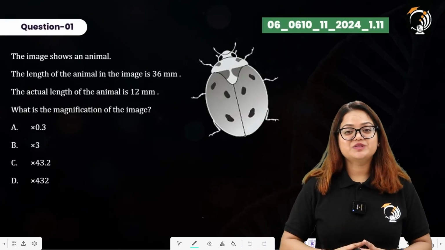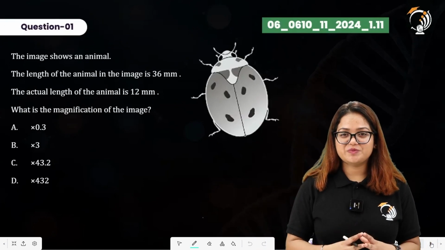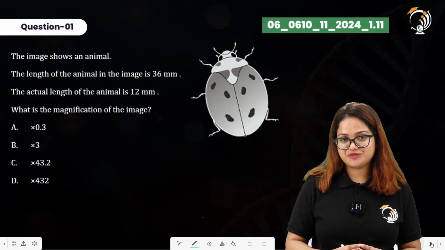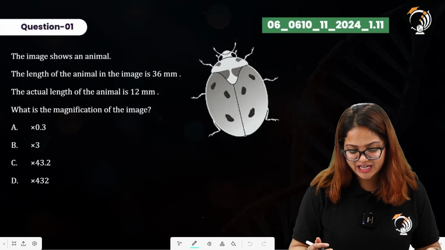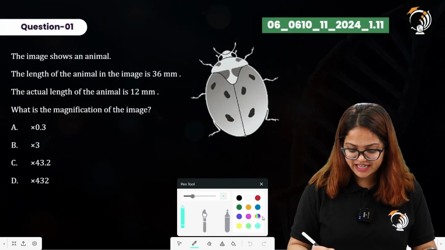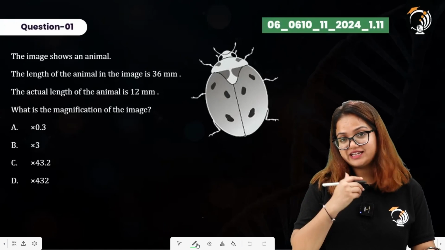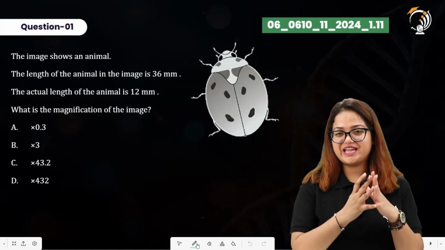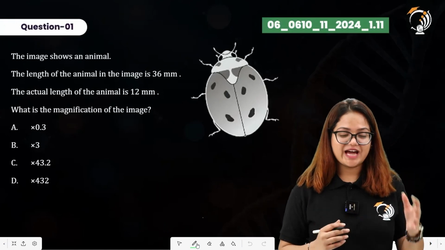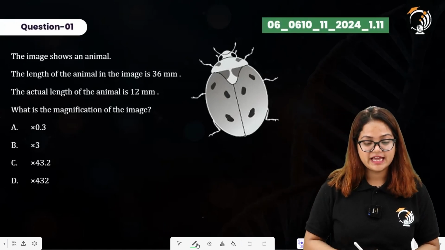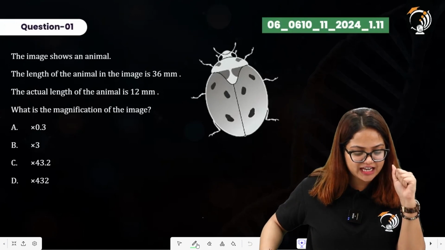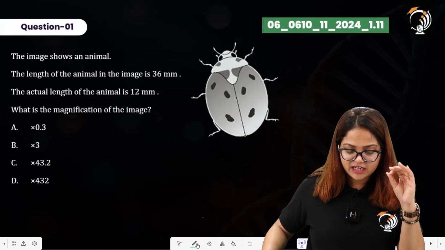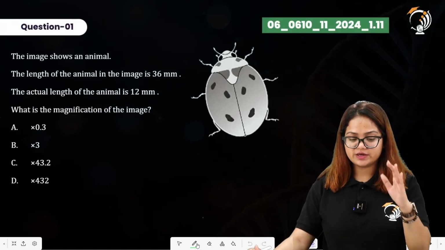All right, so we have come to the questions part of the topics we have discussed, as per the examination view. So get ready to solve this along with me, and you can see that the questions are directly getting solved by the concepts we have just discussed. We have the first question here that says, the image shows an animal. So we have this diagrammatic representation of an animal. The length of the animal in the image is 36 millimeter.